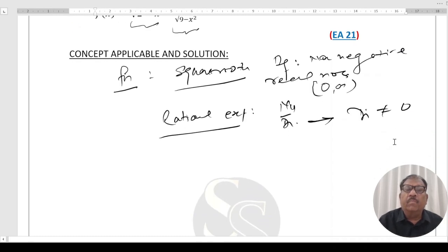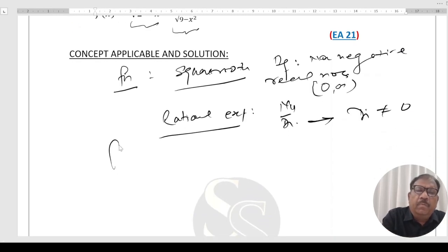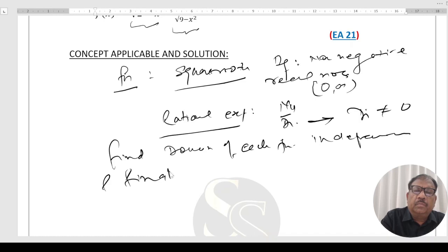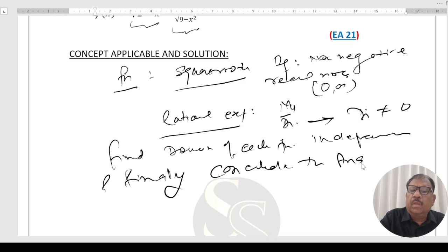Then find the domain of each function independently, and finally conclude the answer satisfying both the domains.